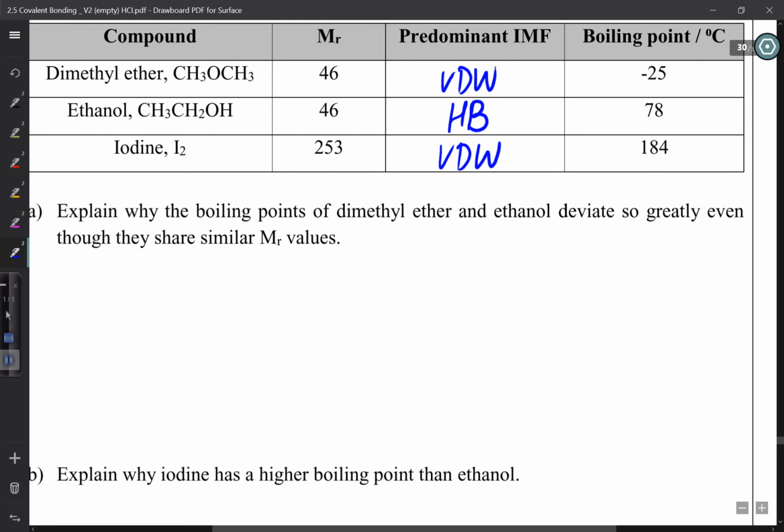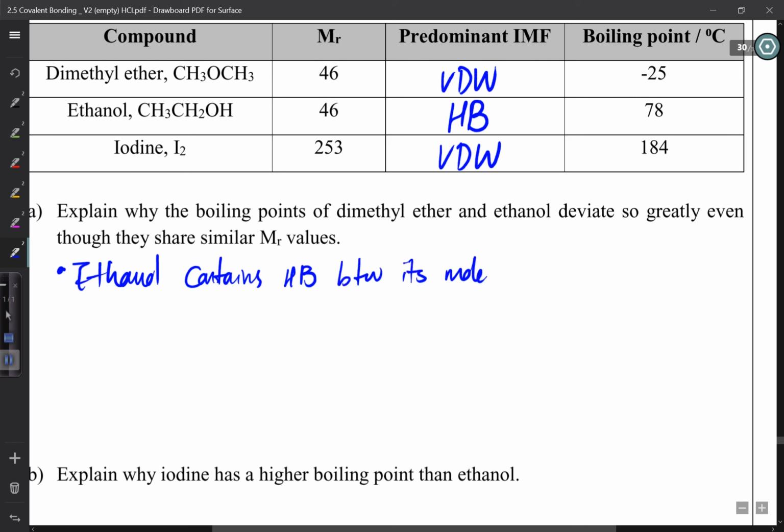Alright? So explain why the boiling points of dimethyl ether and ethanol deviate so greatly even though they share the same Mr values. Alright, this is because ethanol contains hydrogen bonding between its molecules.